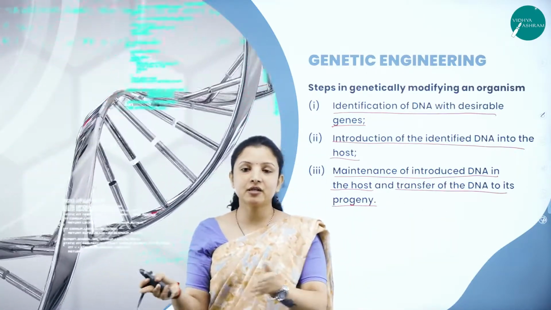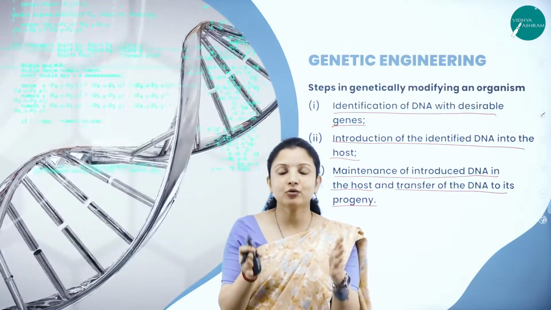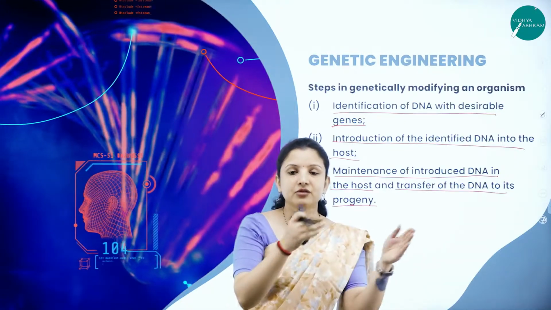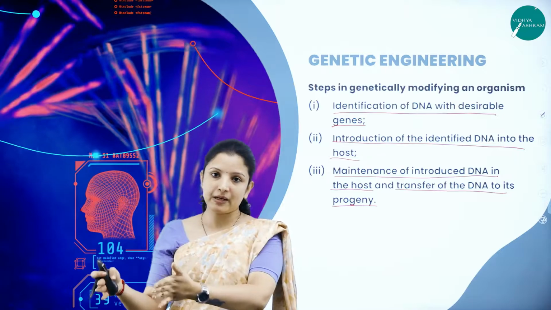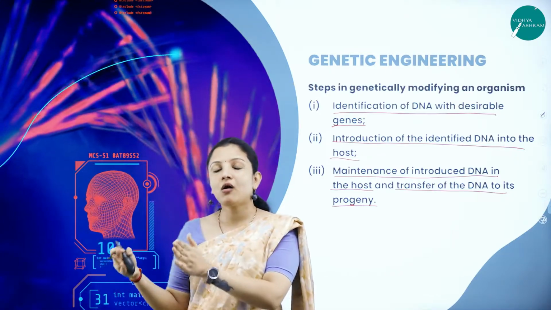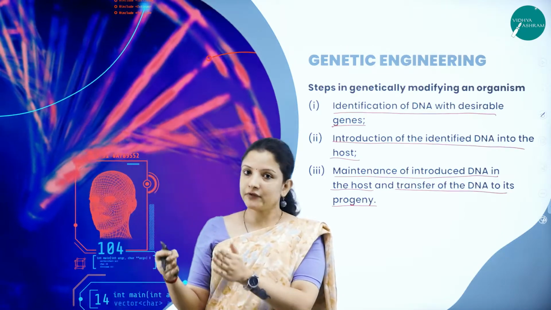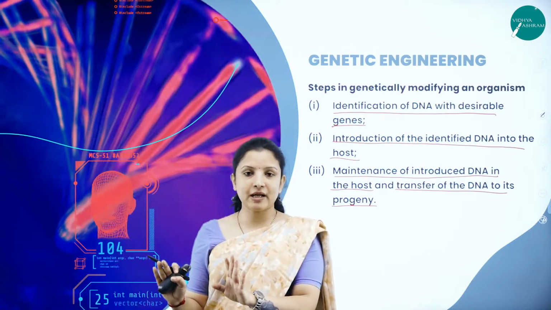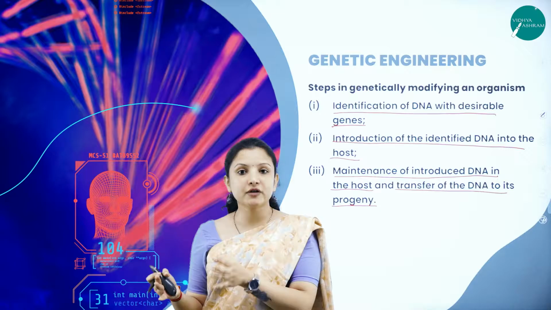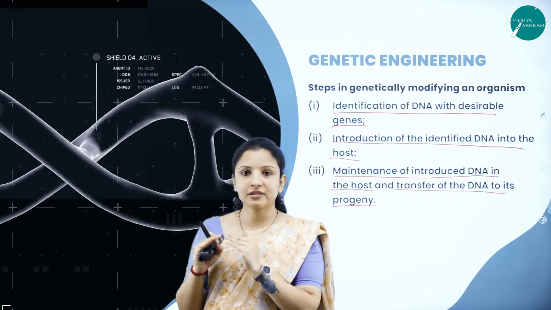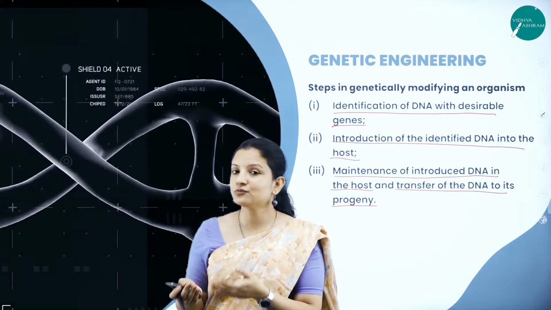So how will you send it? You'll take a vector here. That vector will be a bacteria or something. Through that vector, you'll send it into the plant. Now, this plant has all the desired characters, right? This plant will grow. You have to maintain that plant and take care of it properly. Once it grows and flowers, next what will happen?